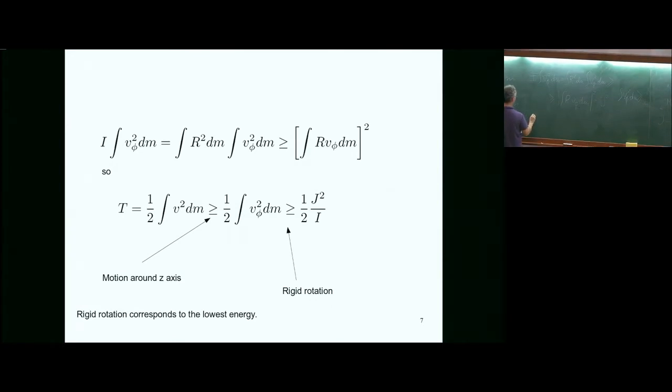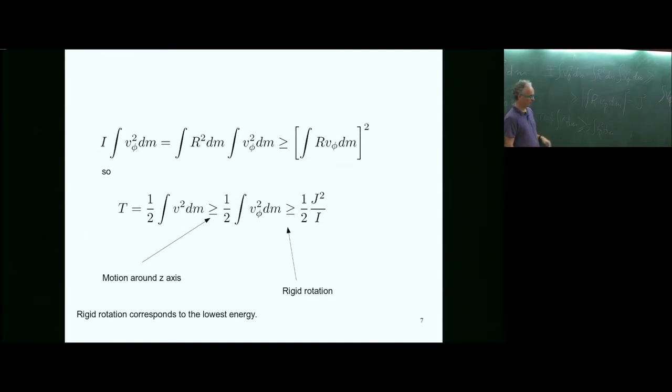So now the kinetic energy is equal to 1/2 the integral of v squared dm, and this is certainly larger than or equal to 1/2 the integral of v phi squared dm, because we drop all the other components of the velocity.